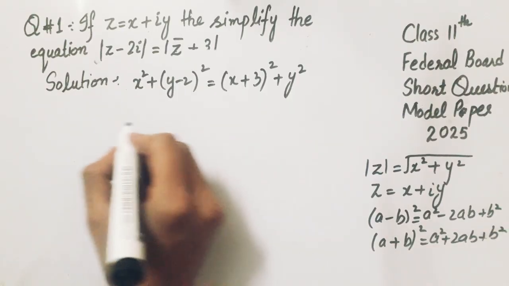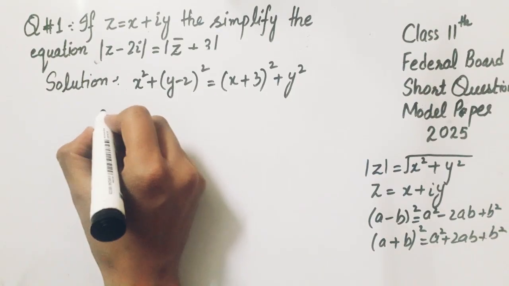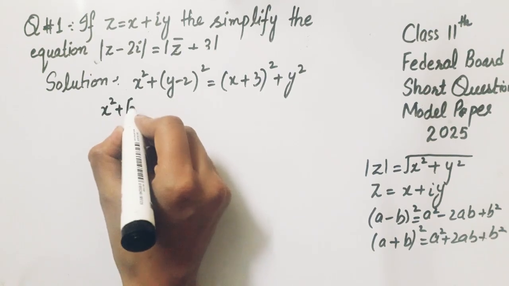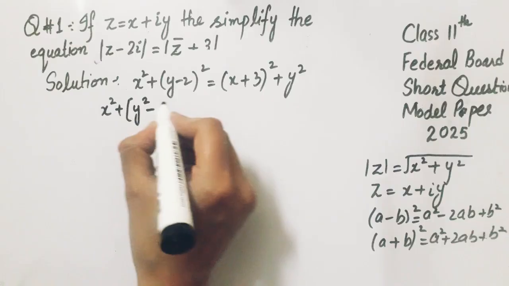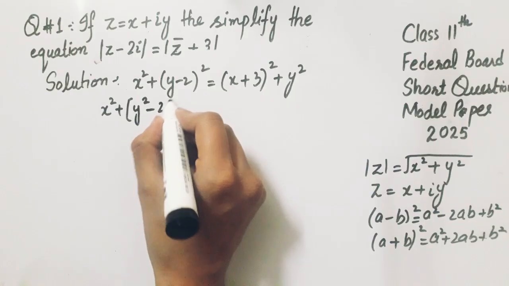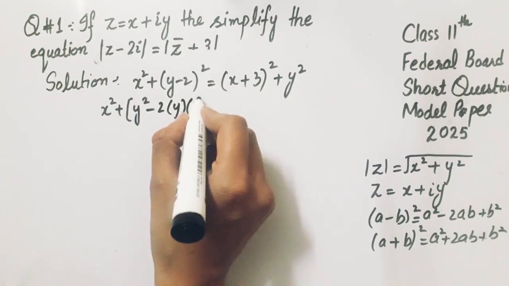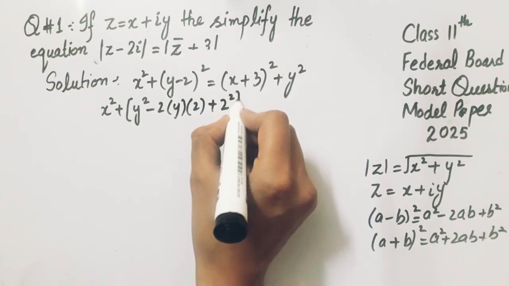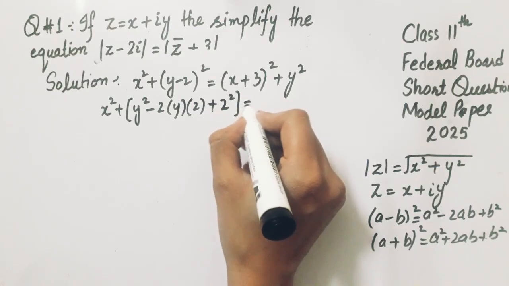Now by using this we will get x square plus y minus 2 whole square, means y square minus 2 into y into 2 plus 2 square, and here we apply the formula.